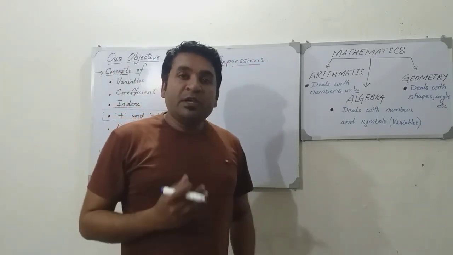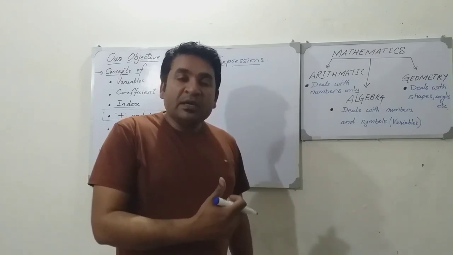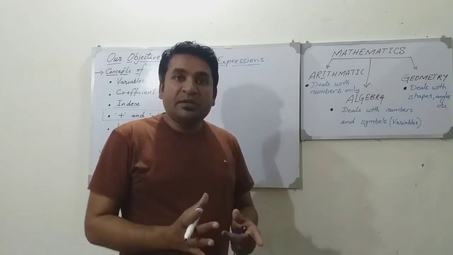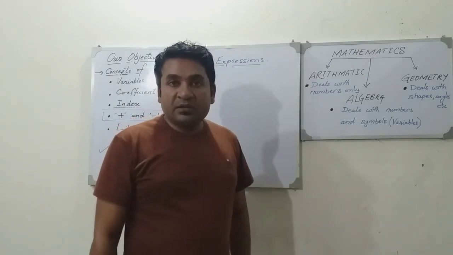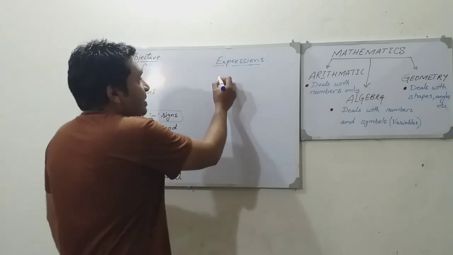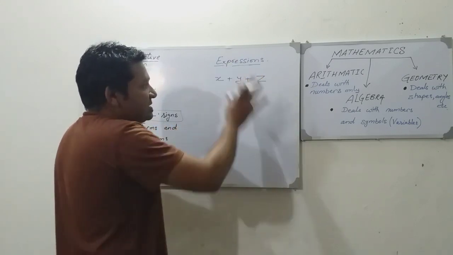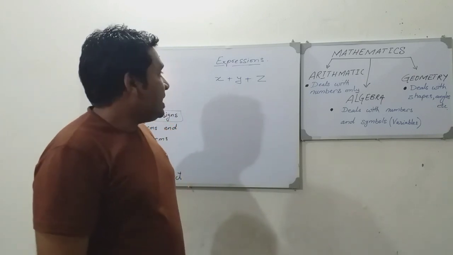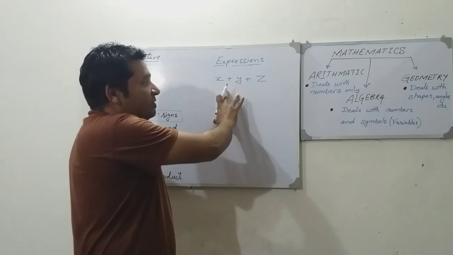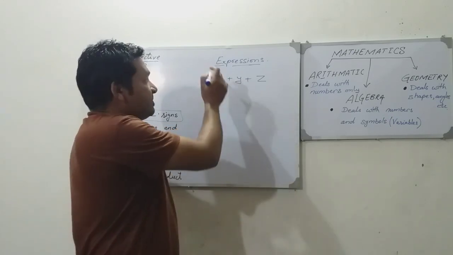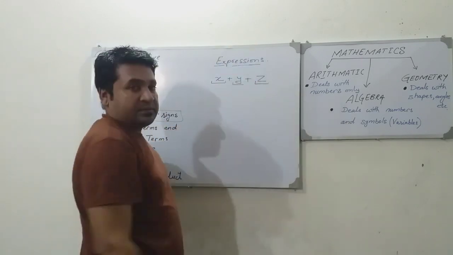In algebra, when two or more terms are combined together, then that statement is called an expression. For example, if I write x plus y plus z, then this is an expression, and this expression consists of three different terms: first term, second term, and third term.